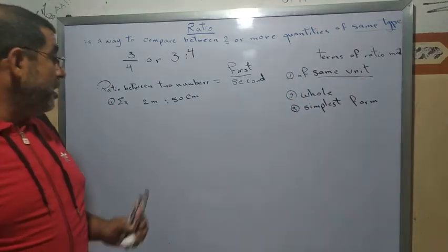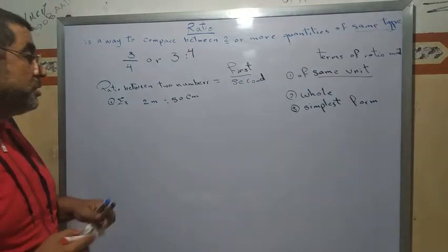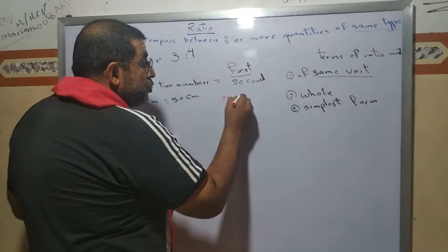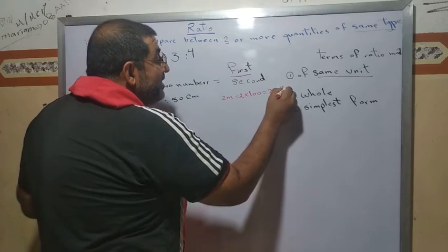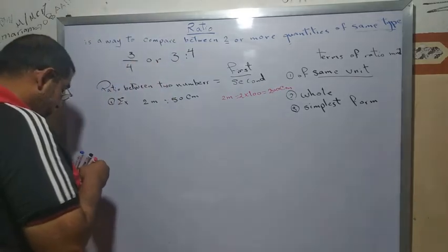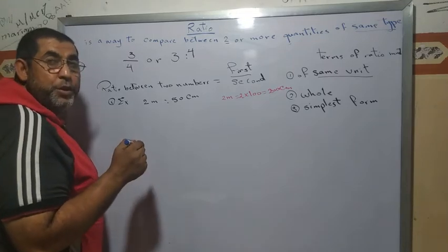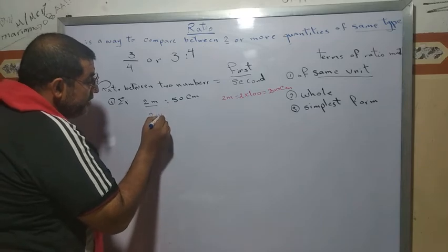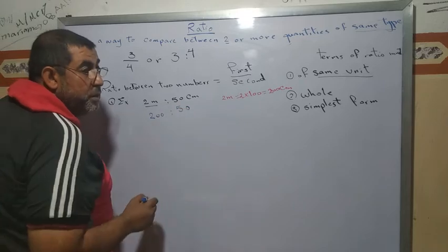So we must convert 2 meters into centimeters. 2 meters equals 2 times 100 equals 200 centimeters. And in terms of ratio, the order is very important. The first is 2 meters, that means the first is 200 centimeters, and the second is 50 centimeters.